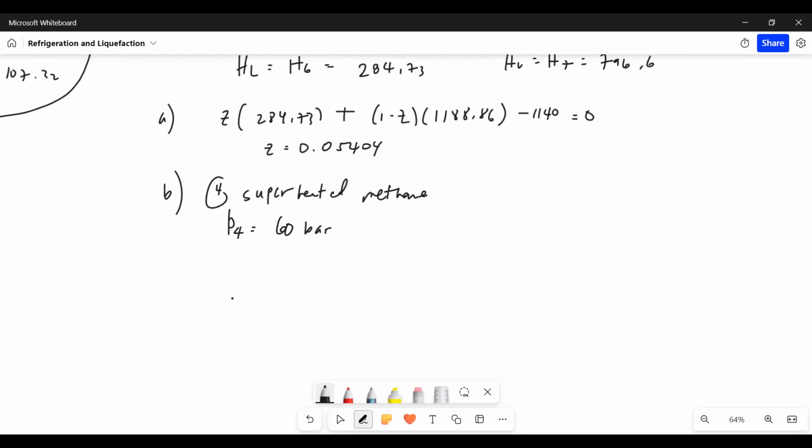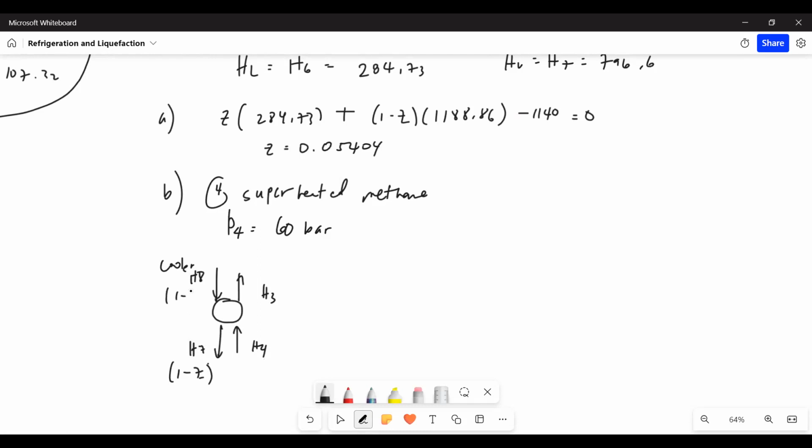Let's consider the cooler. These are the streams entering and exiting the cooler. Again, our goal is to solve for another property, which is H4.